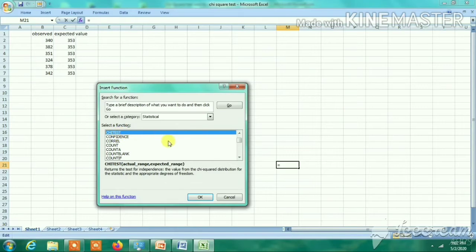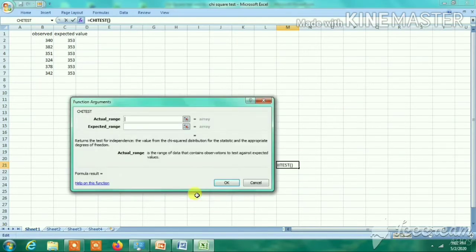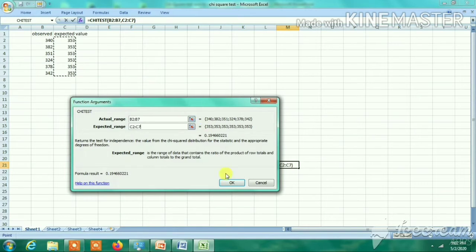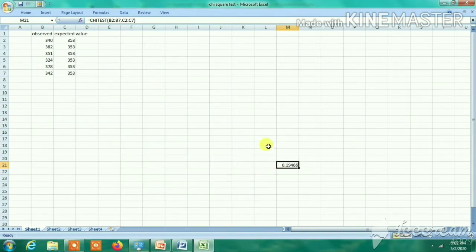Click OK. The actual range, give this actual range. Expected range, give this expected value, expected range. Click OK. Okay. So we got this value 0.19.